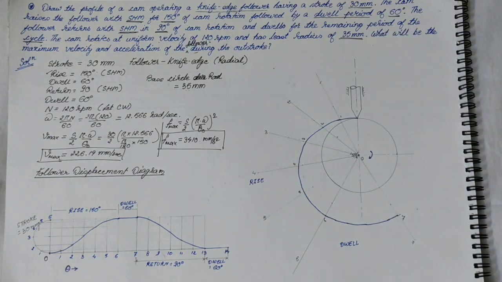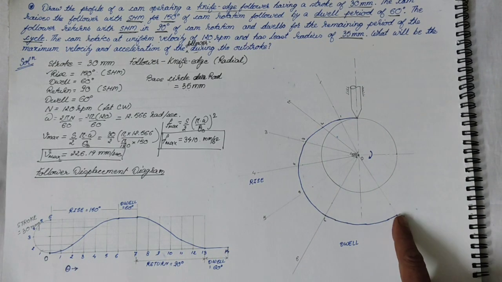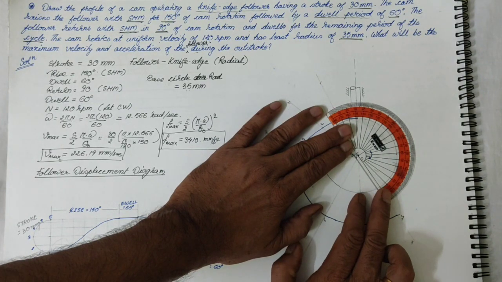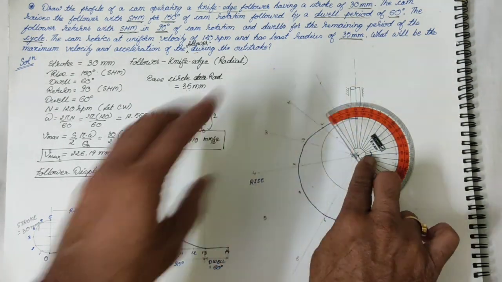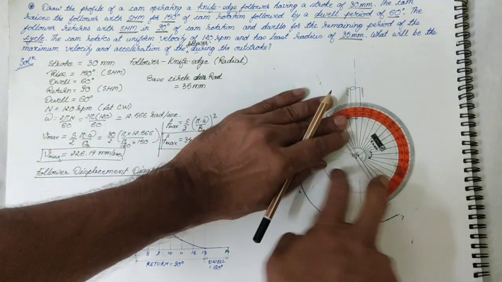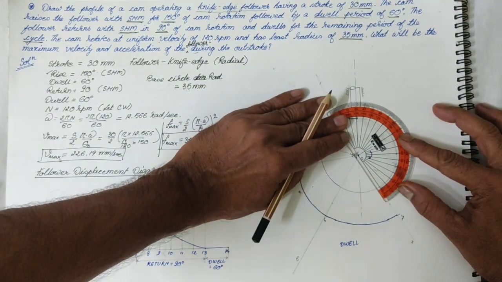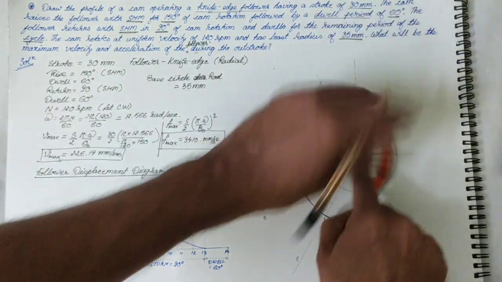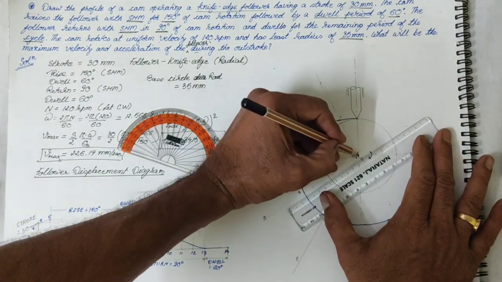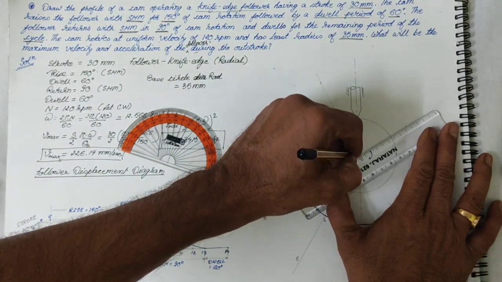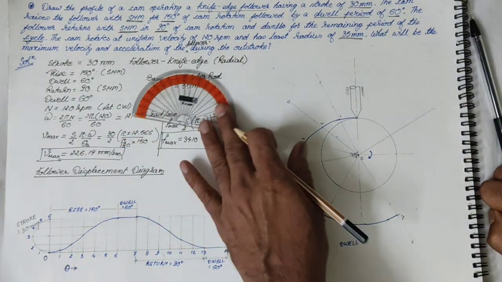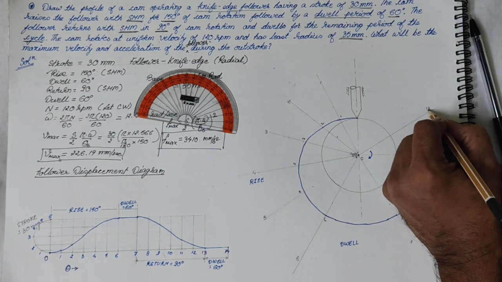Now from 7 onwards it is return. So we'll now again divide this 90 degrees. 90 degrees of cam rotation is from here to here, and this is the 13th line of stroke which we have drawn.